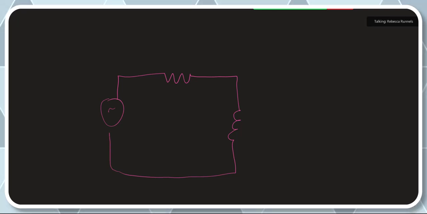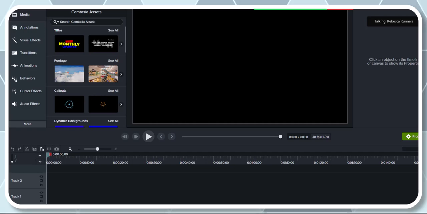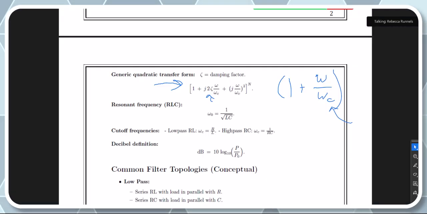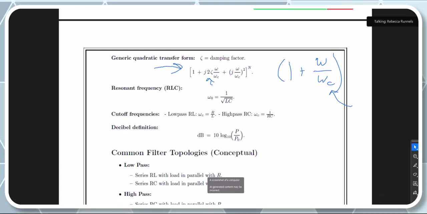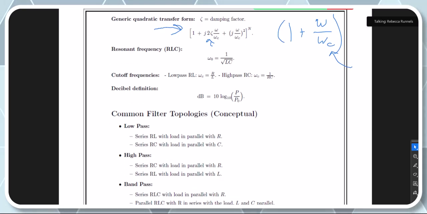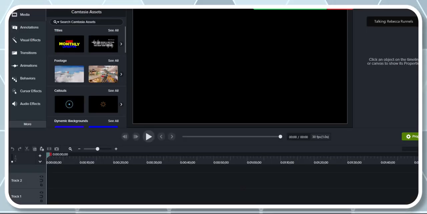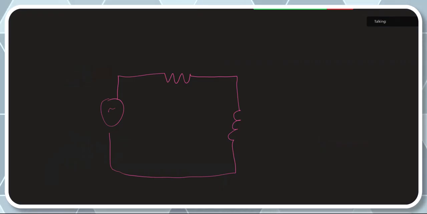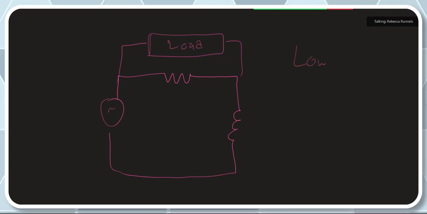So this is going to be high pass or low pass depending on whether the load is in parallel with the resistor or if the load is in parallel with the inductor. So if the load is in parallel with the resistor, that's a low pass filter.